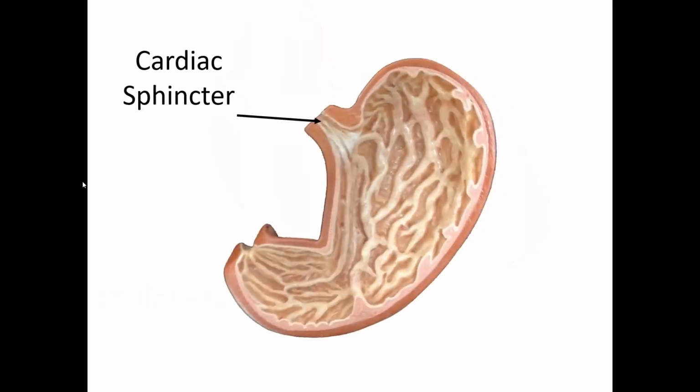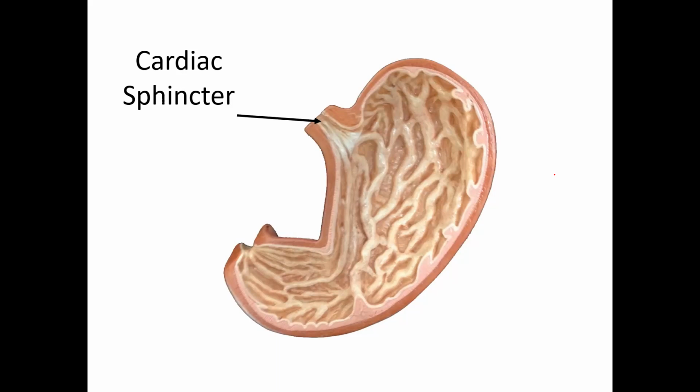All right, this structure right here that you're looking at, that is your stomach. So your stomach has an entrance and an exit. So what that arrow is pointing to is called the cardiac sphincter. And the cardiac sphincter is this ring that surrounds the entrance into your stomach.